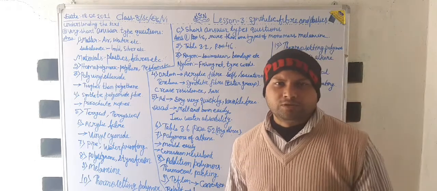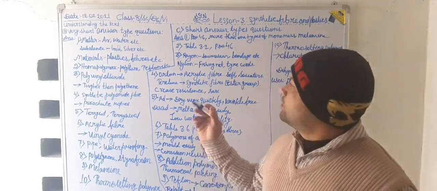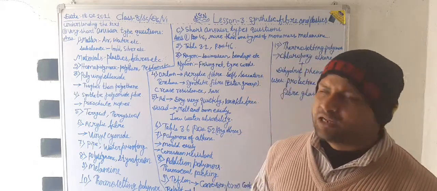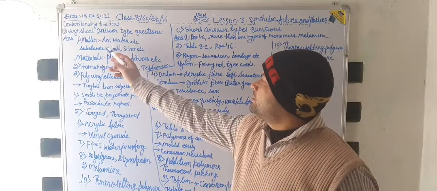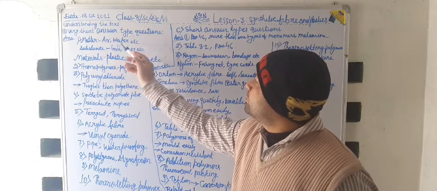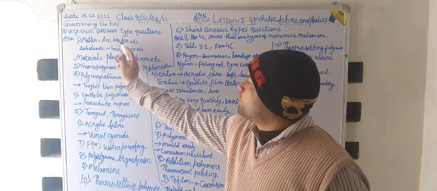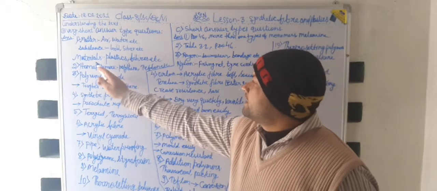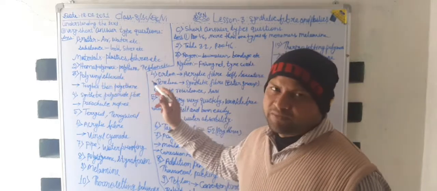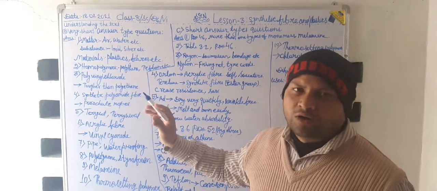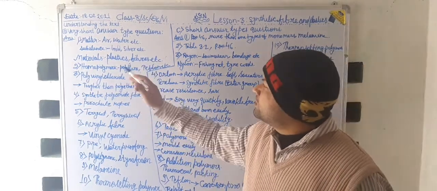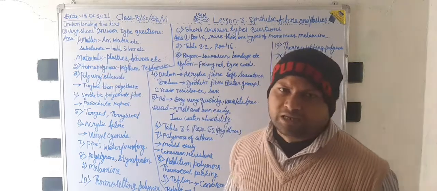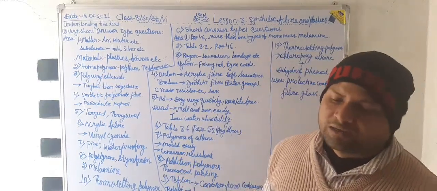For matter: air and water; for substances: gold and silver; and for materials: plastics and fibers. These are the examples of two things related to matter, substances and materials. So these are the right answers.